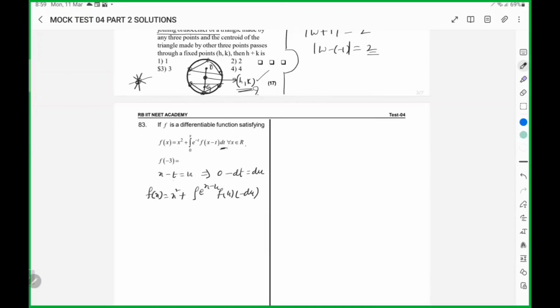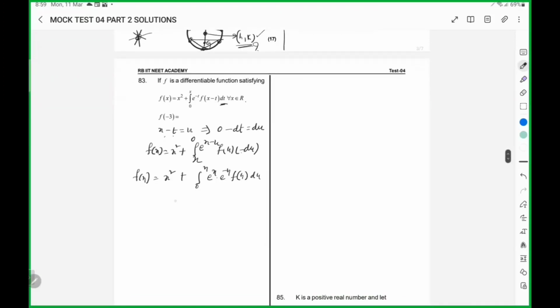When t is 0, it is x. When t is x, it is 0. Where minus du is there, I will write 0 to x. It is x square plus e power x. It is f of x.